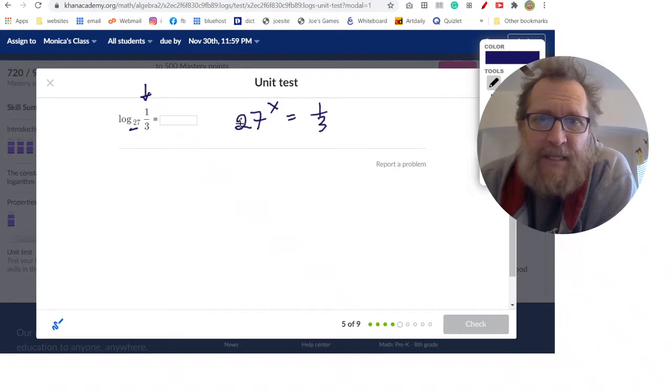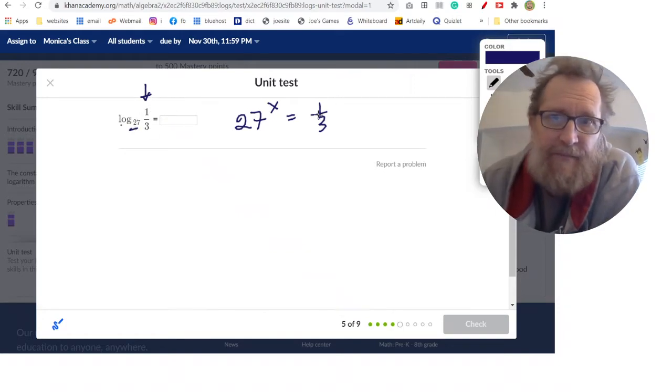Because the base stays the same. What the log of something equals is the exponent, and this is what you're finding the log of. So this base raised to some power equals that. That's how you flip those around.